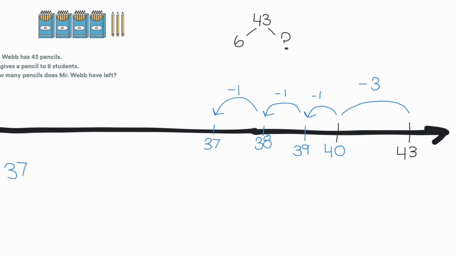And I'm going to count on by 6. So 37, 38, 39, 40, 41, 42, 43. Okay, I'm right. Yay. Okay, so Mr. Webb has 37 pencils.